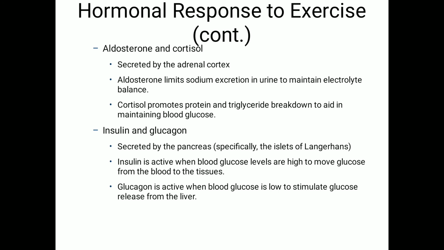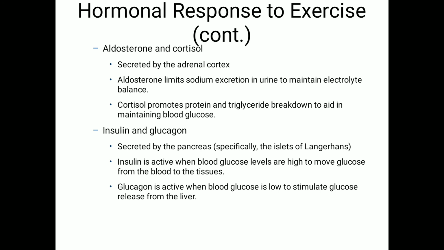Aldosterone limits sodium excretion in urine to maintain fluid and electrolyte balance, whereas cortisol promotes protein and triglyceride breakdown, which aids in the maintenance of blood glucose. Apart from that, insulin and glucagon also play an important role. These are secreted from the pancreas.